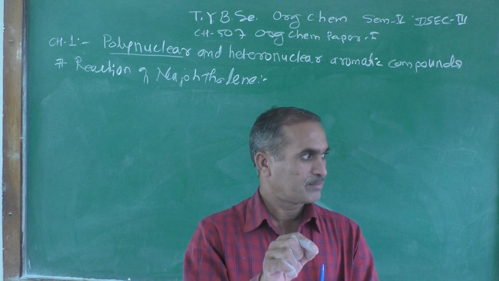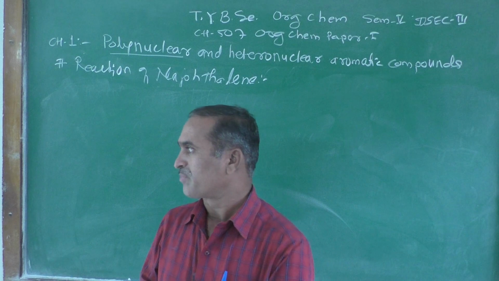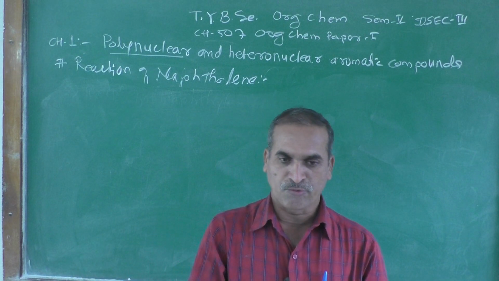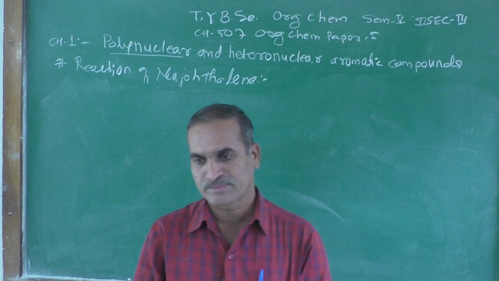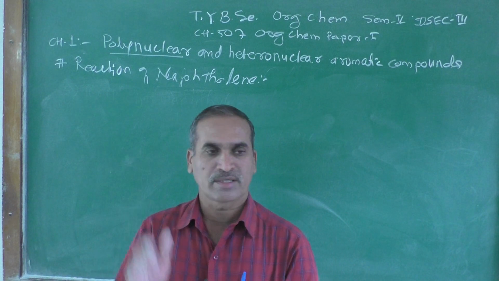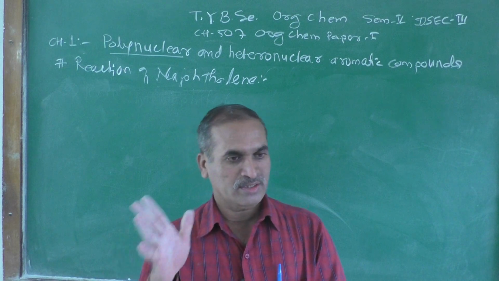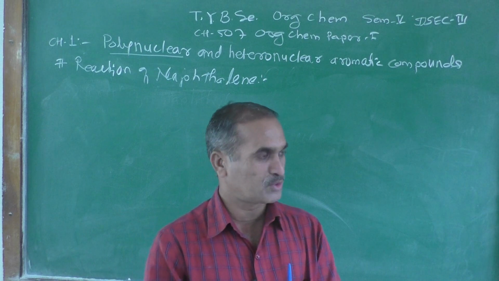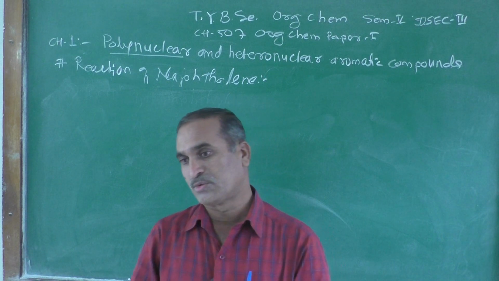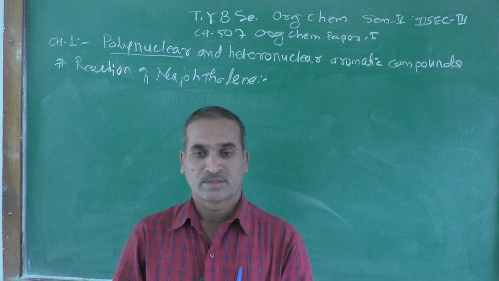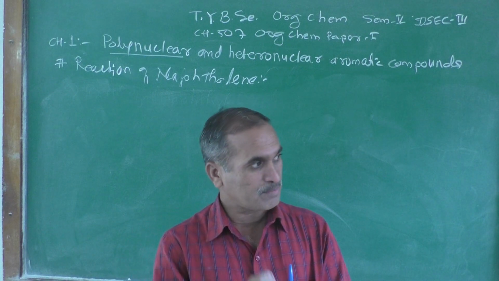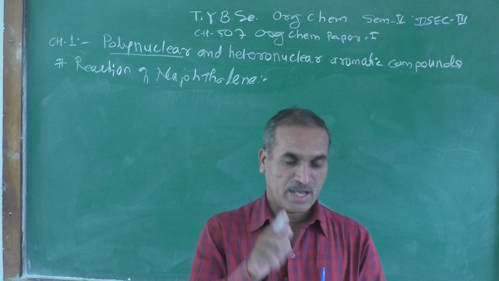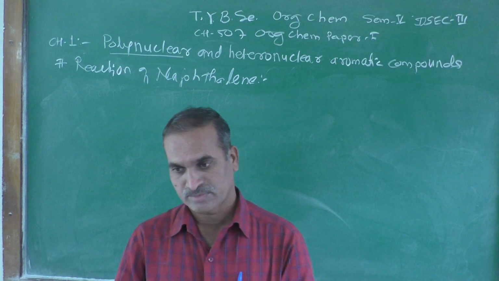So when an alkyl halide is treated with the simplest benzene without Lewis acid, it will take a long time, maybe 6 months or 4 months, to introduce that alkyl group, or the reaction may not occur.